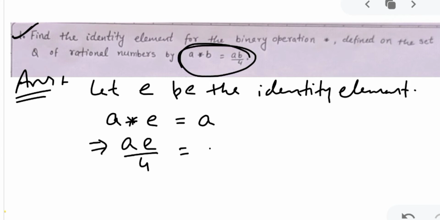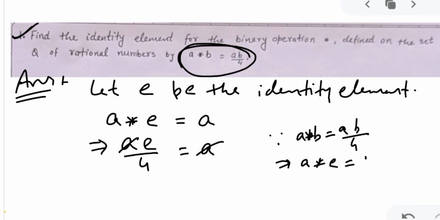Equal to A on both sides, so this can be cancelled. How did I do this? Since A star B is equal to AB upon 4, in the same way you can write A star E is equal to A. In place of B you will write E, so AE upon 4.